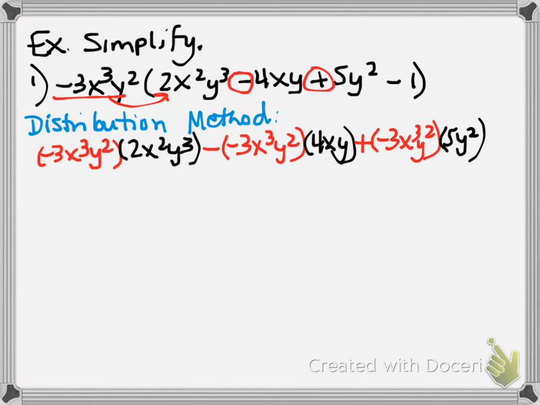And of course, I'm running out of room, so that's okay. We'll just do it underneath. So we grab that negative. Actually, let me give myself a little bit more room. And then we have the negative 3x cubed y squared, and we're going to multiply it by 1.